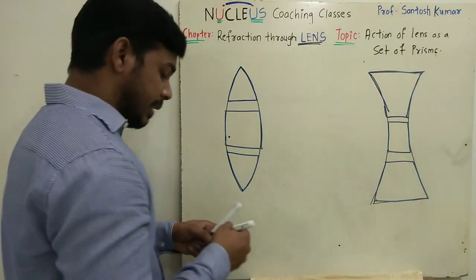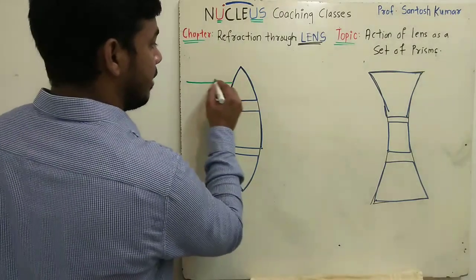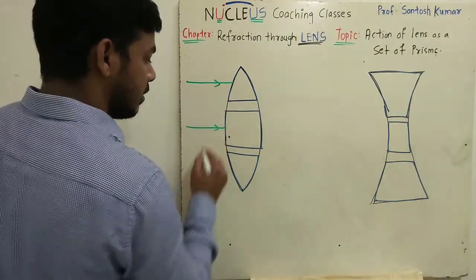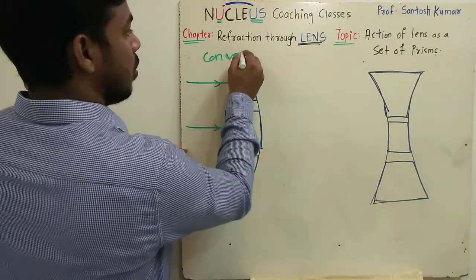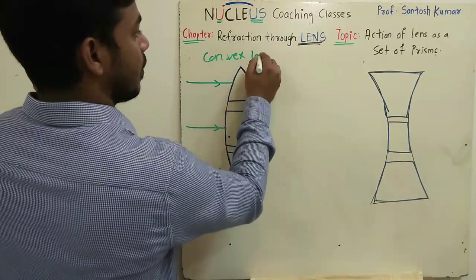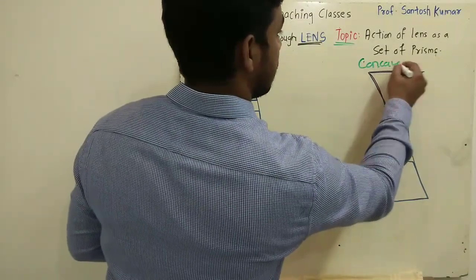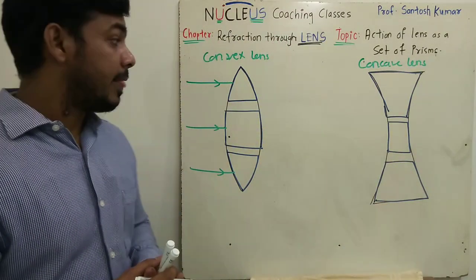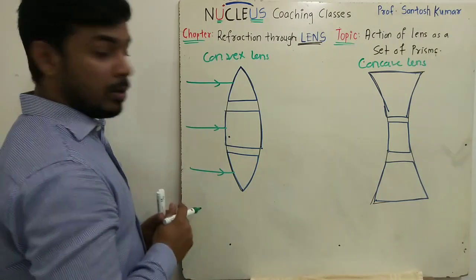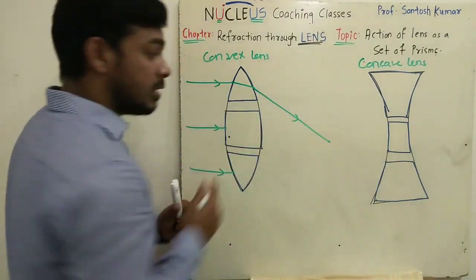So if I say some rays are incident on the convex lens, so this is a convex lens and this is a concave lens, and using the theory of prism of light, if a ray of light passes through a prism, then definitely this ray will bend towards the base of the prism.